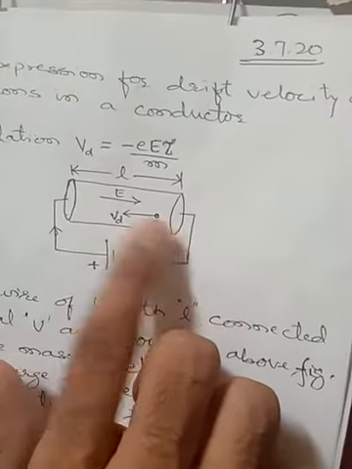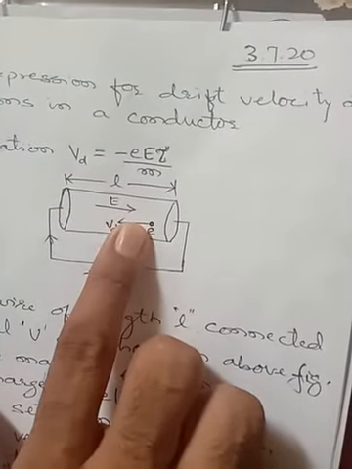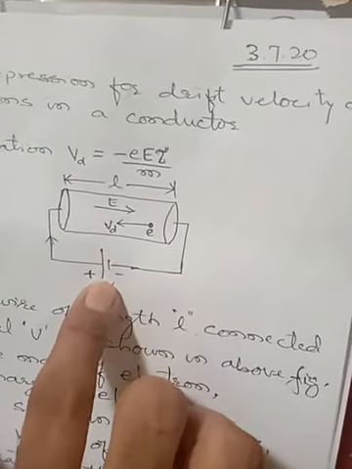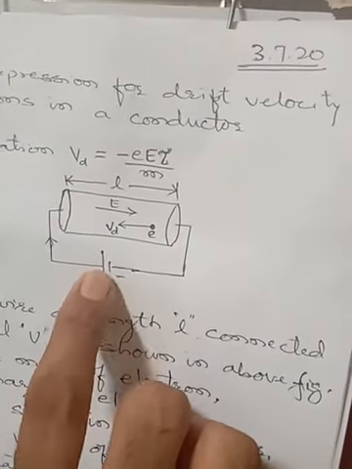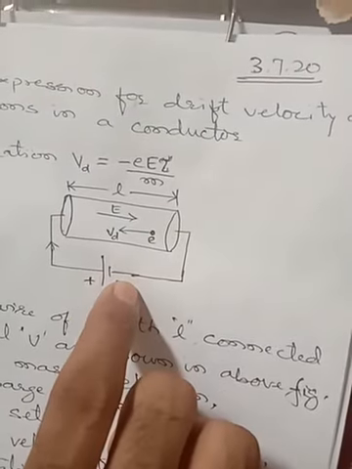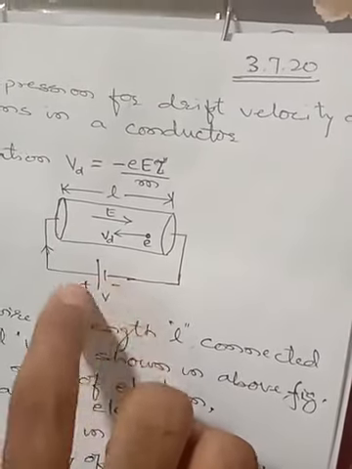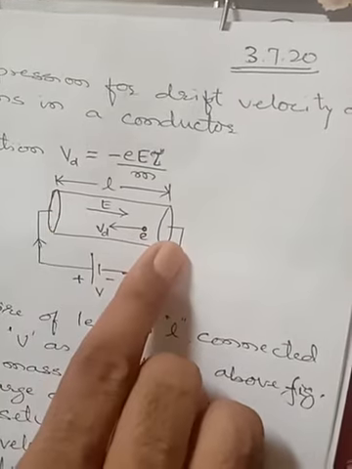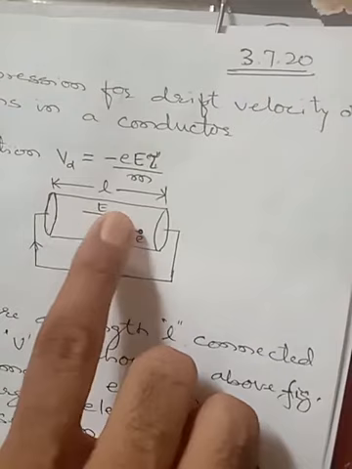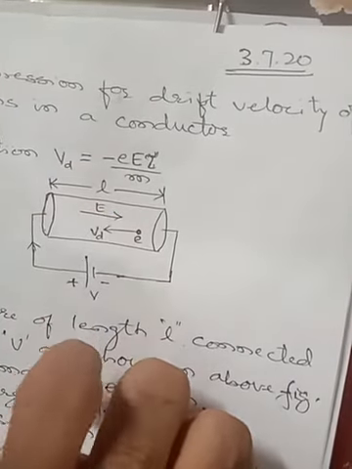First of all, you have to consider that there is a wire. Consider that L is the length of the wire. To this wire, a battery is connected. To one end, the positive terminal is connected, and to the other end, the negative terminal is connected. When the positive and negative terminals are connected to this wire, they will set up an electric field inside the wire.